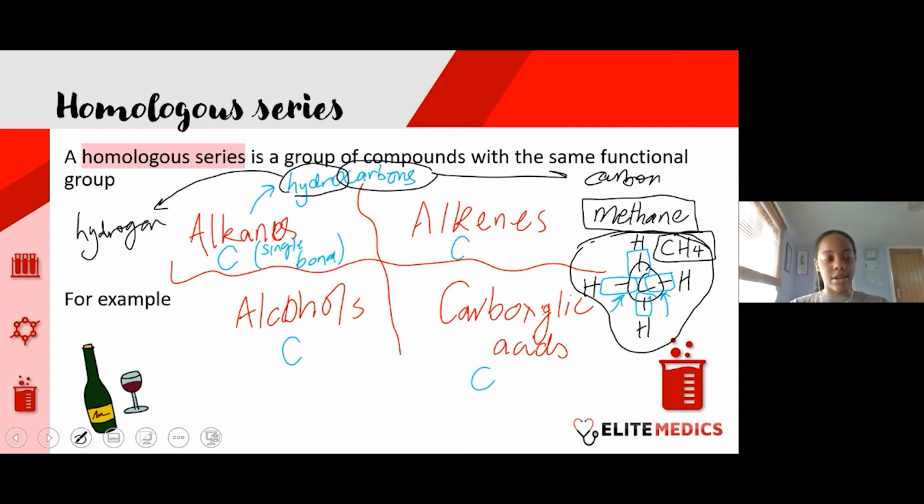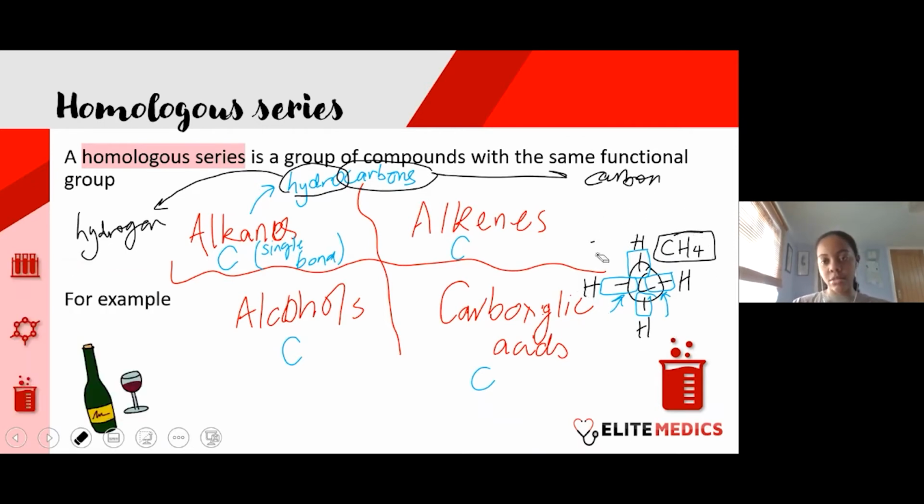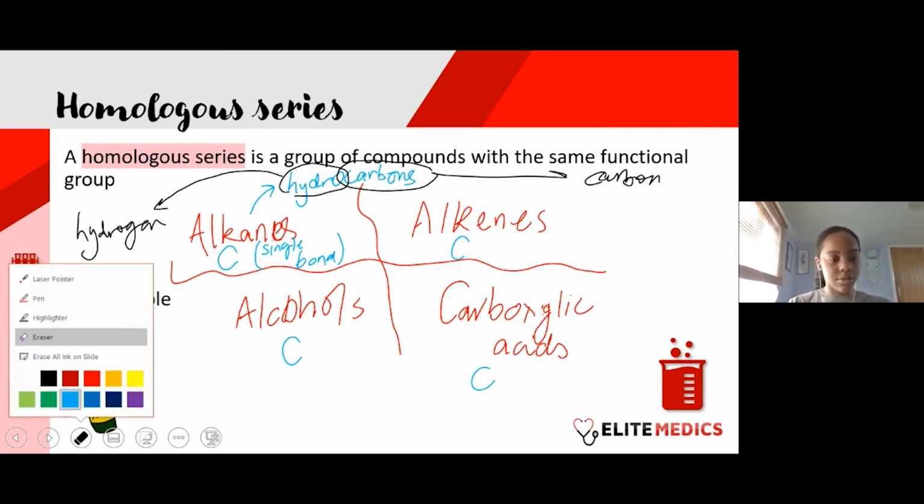So that's alkanes done. Now, we're going to go on to alkenes. The reason why I emphasize that alkanes are joined together with single bonds is because alkenes are slightly different, okay? So I'm just going to erase our methane example here. Right.